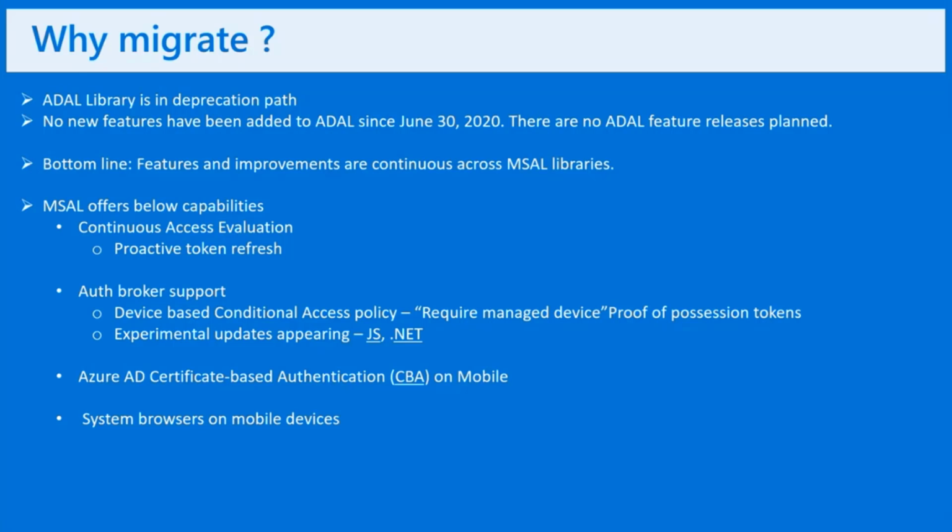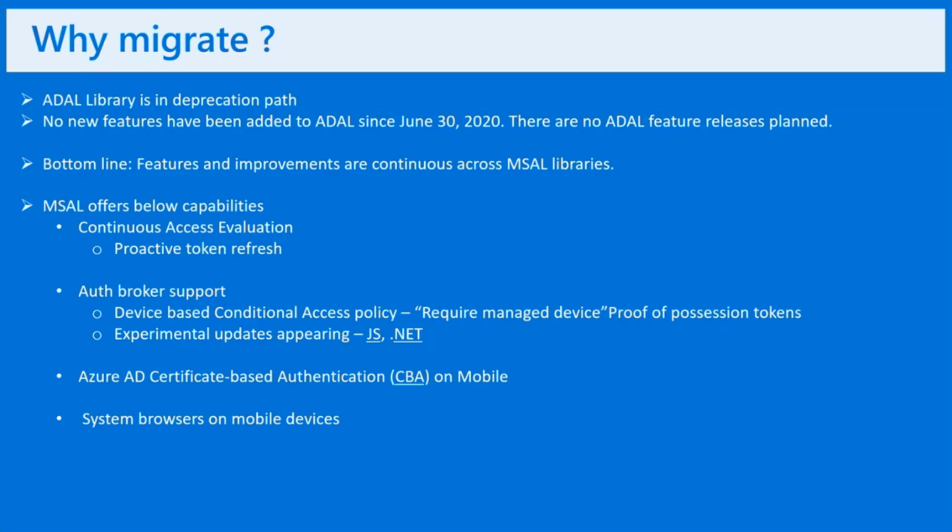Along with the security related fixes, MSAL does offer additional features such as continuous access evaluation, auth broker support, Azure AD certificate based authentication on mobile, and system browsers on mobile devices as well.